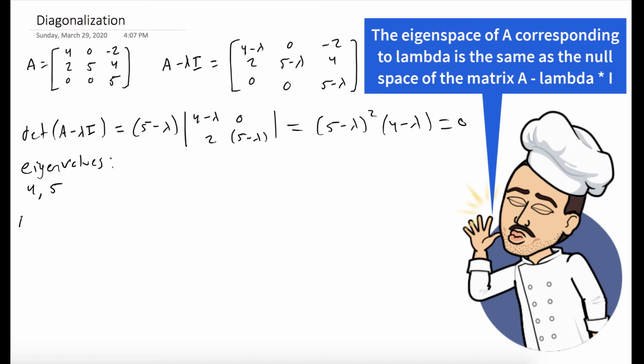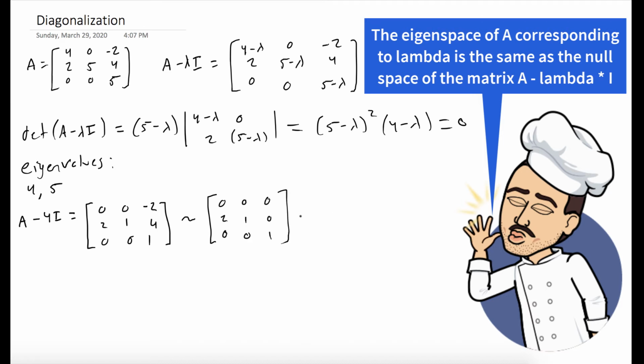So let's find a basis for the eigenspace corresponding to lambda equals 4. That's the same thing as finding the null space of A minus lambda I. So we'll row reduce A minus 4I into reduced row echelon form, and we'll read off the equations corresponding to each of the rows.